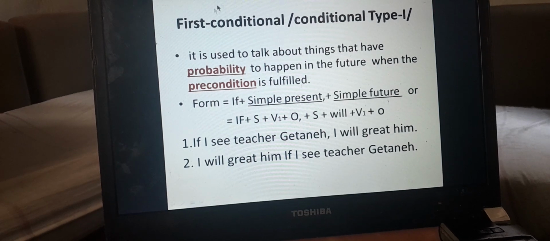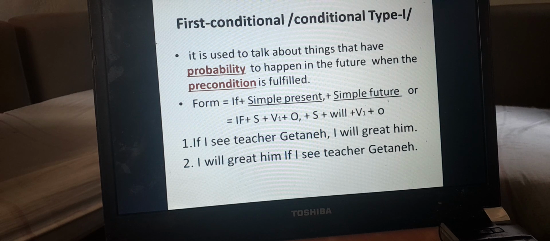Now we proceed to the next, which is first conditional or conditional type 1. It is used to talk about things that have a probability to happen in the future when the precondition is fulfilled. Okay, for example, I will pass my exam if I study very hard. So to pass the exam, the precondition is to study very hard.